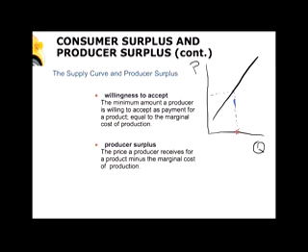So when we're looking at supply curves, we can look at what's called producer surplus, where producer surplus is the price a producer receives minus the marginal cost of production, because the marginal cost of production determines the willingness to accept, the minimum price that a producer is going to require to produce that unit of output.